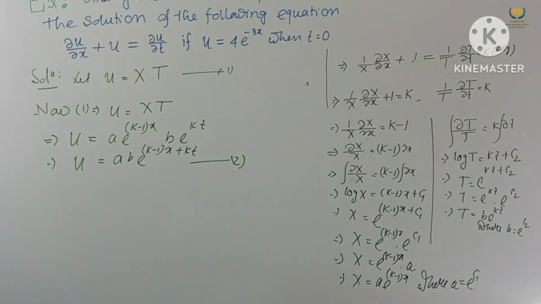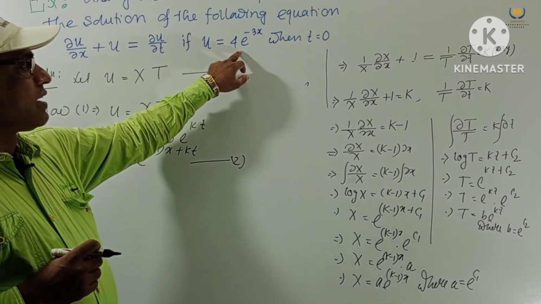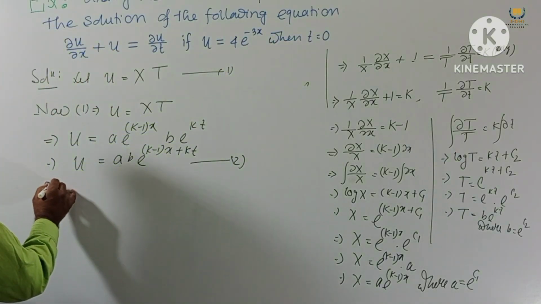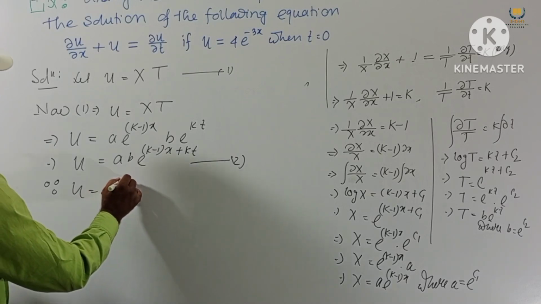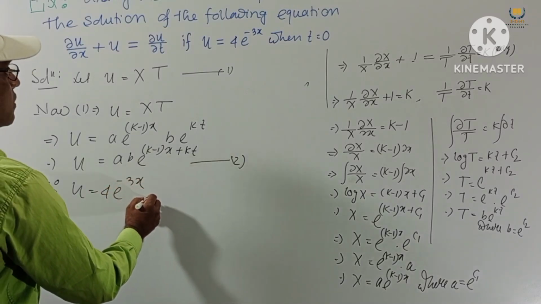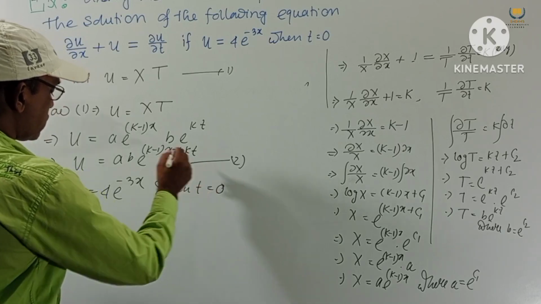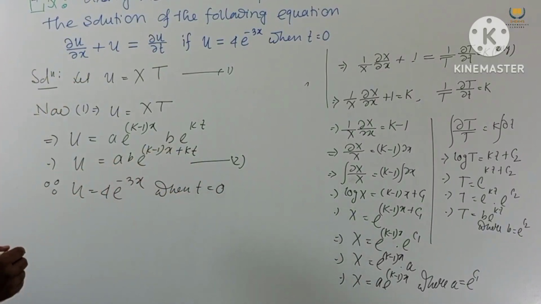But our initial condition is given: u = 4e^(-3x) when t = 0. So we put u equal to this and t equal to 0 here.